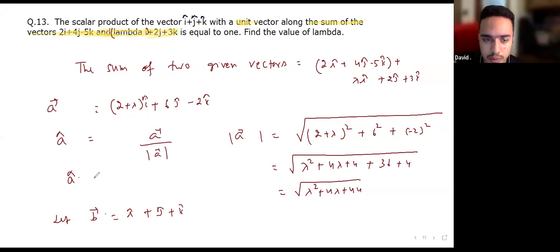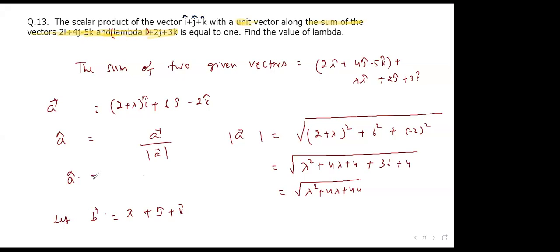So we need to divide the A vector. A vector is 2 plus lambda i cap plus 6j cap minus 2k cap divided by the square root of lambda square plus 4 lambda plus 44.